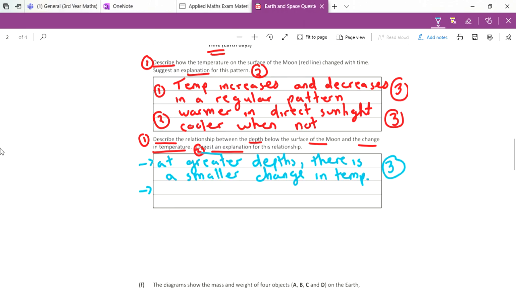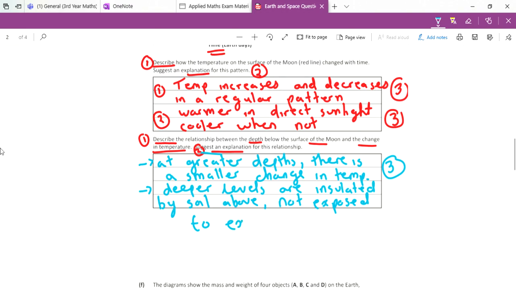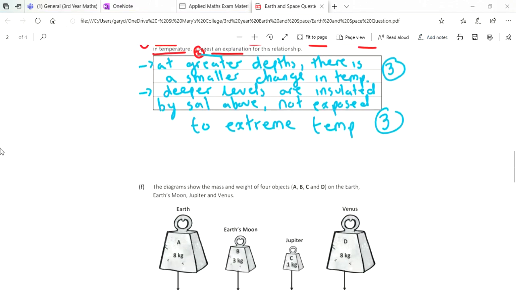So you could say that deeper levels are insulated by soil above, so not exposed to extreme temperatures. And extreme is the word we use just when it's saying that the temperatures are really, really big. And I'll give 3 marks for that as well. So that's a tricky one, the last 3 marks.